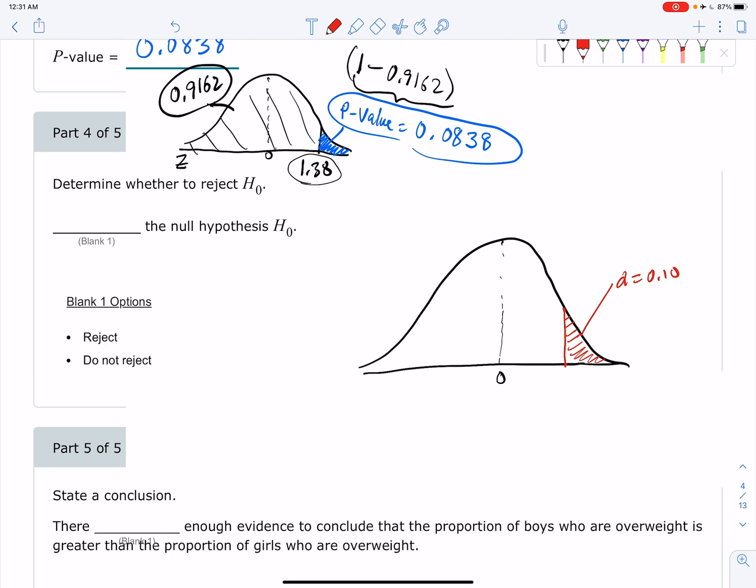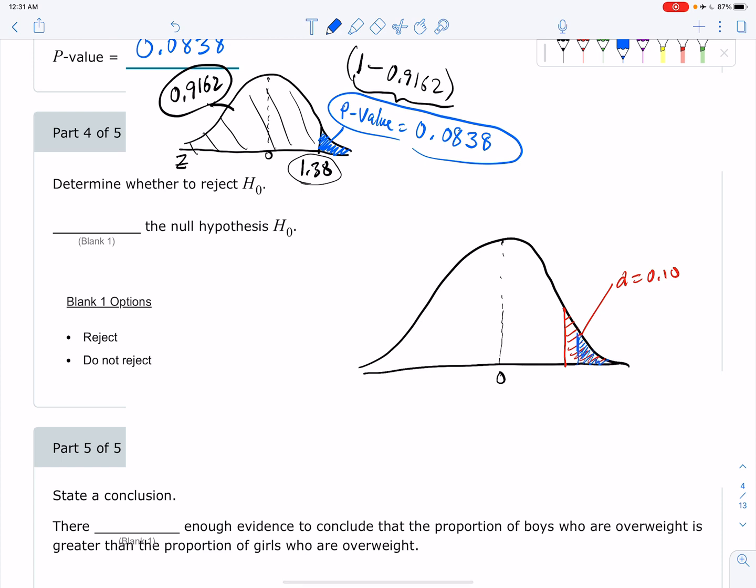Now we just found the p-value, and it turns out that the p-value is a lot smaller, right? This is 0.10, like 10 cents, and the p-value is like 8 cents. So if I superimposed that blue p-value, it's going to be like this, right?